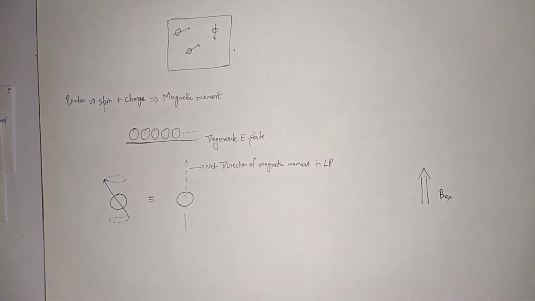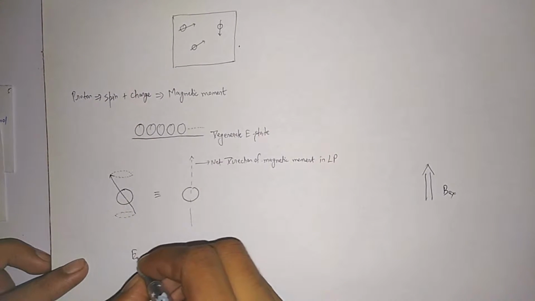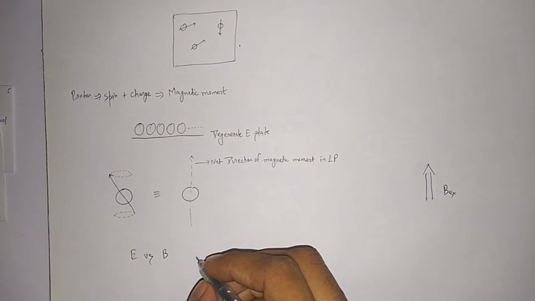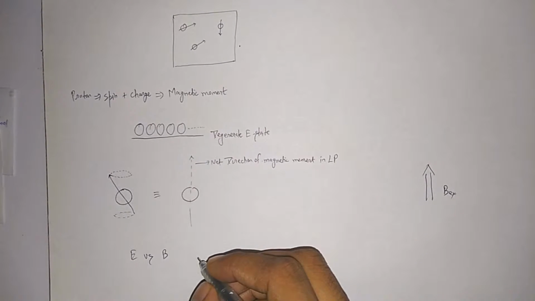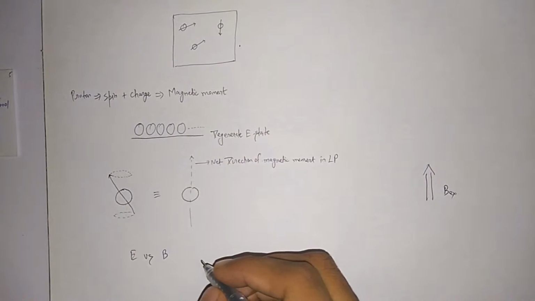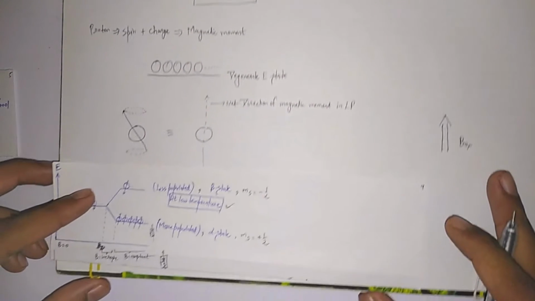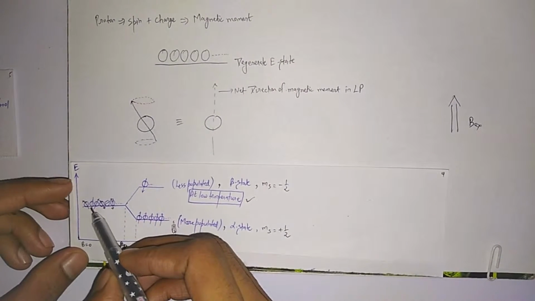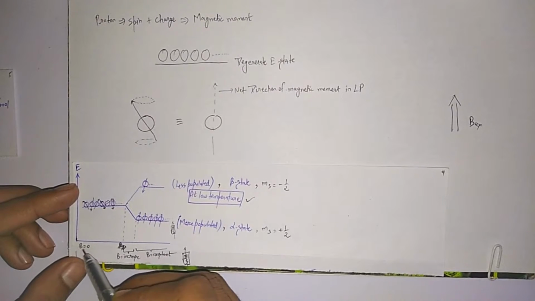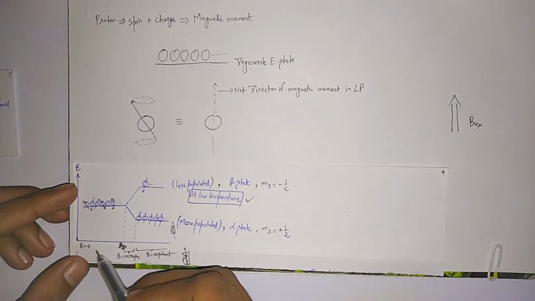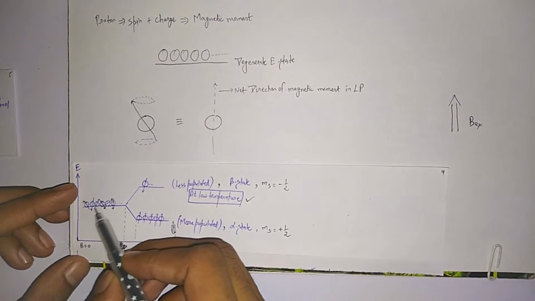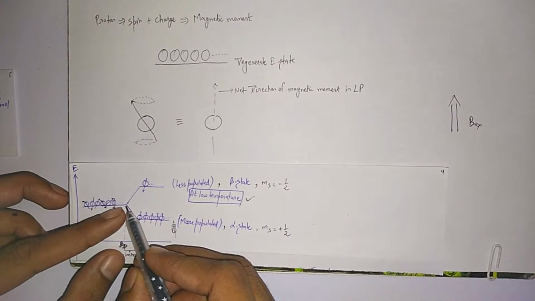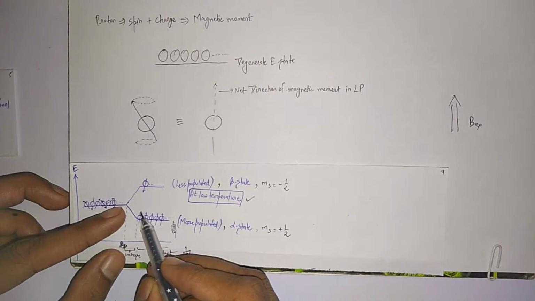Now if we try to represent the energy versus the applied magnetic field strength, we get this situation in which initially, when we do not apply any external magnetic field, all the protons in the sample are in random orientation, and from this point we start increasing the magnetic field strength.